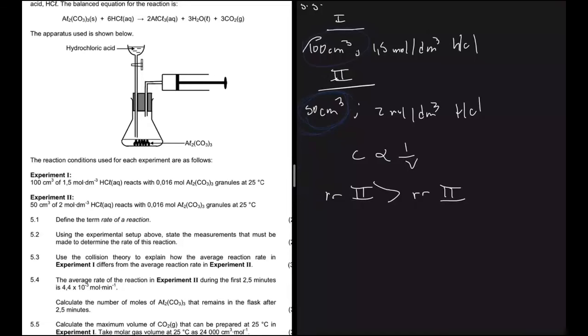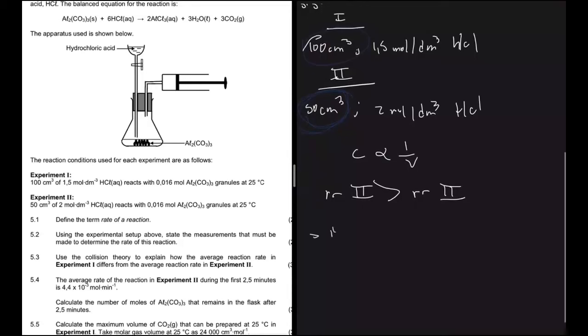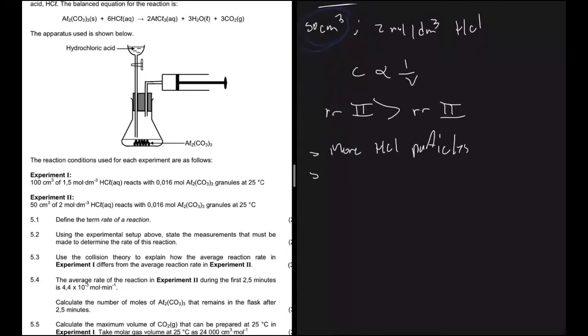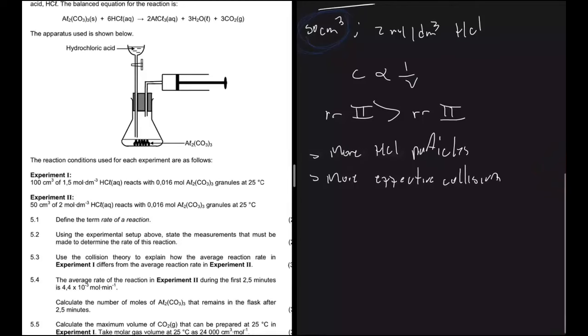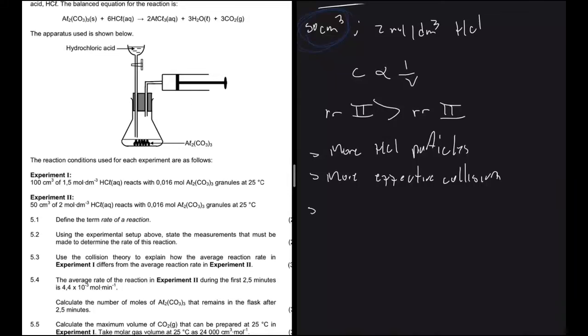So to put it nicely, the first point you'd say is that there will be more HCl particles because the concentration is higher. And what do more particles give us? More particles give us more effective collisions. And effective collisions are a prerequisite of a reaction. So the more the effective collisions, the higher the reaction rate, so the reaction will take less time.